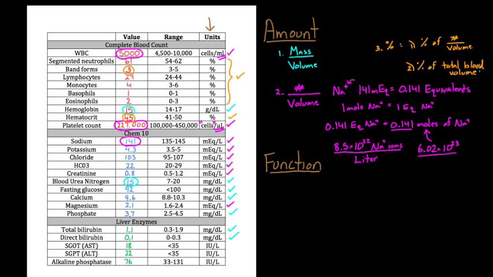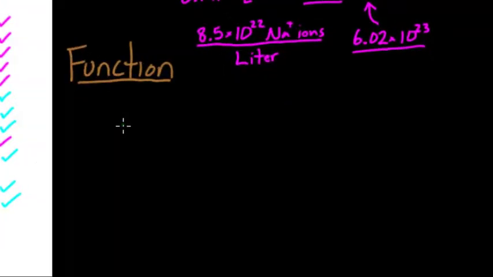Now, we've talked about amounts in 3 ways, right? But I've also mentioned function at the bottom. I talked about function at the beginning of this. So now imagine that you have a situation. Let's say you have a little enzyme. I'm going to draw it here as a little Y. And let's say enzyme Y has a job.